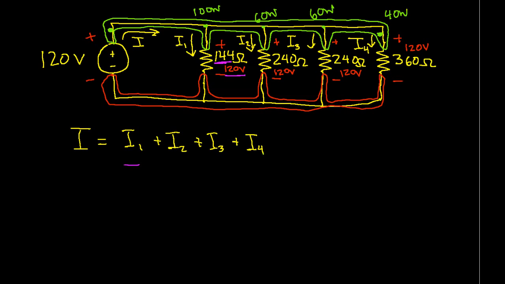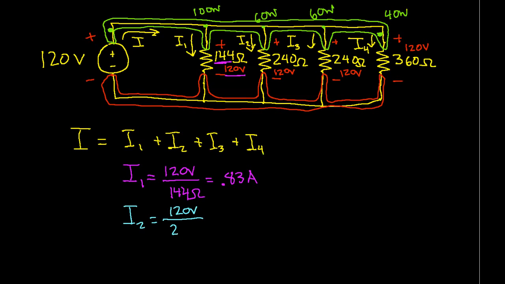So I1 will be 120 volts over 144 ohms, which turns out to be 0.83 amps. I2 will be 120 volts over 240 ohms, which is 0.5 amps.